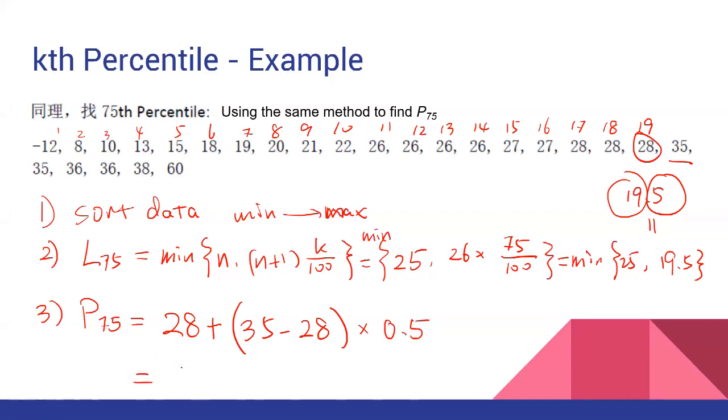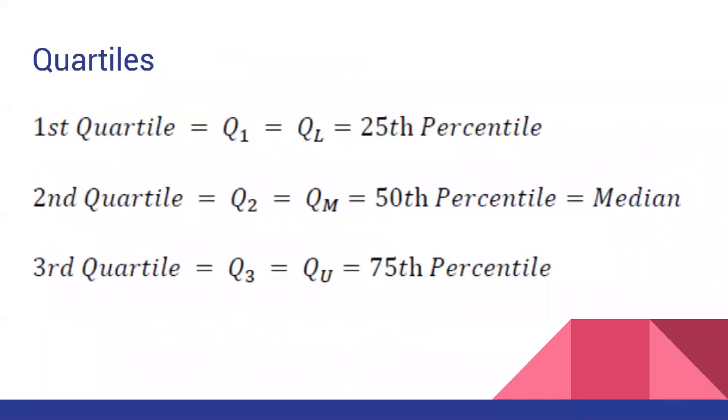And P75 is 28 plus 3.5, which is 31.5. Okay, any questions? Any questions? No? All right, let's see.